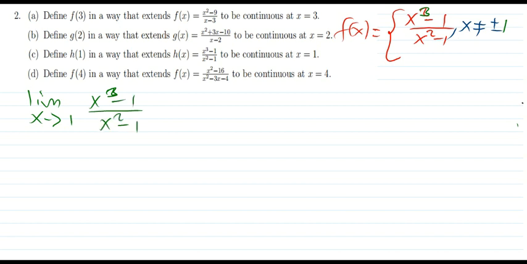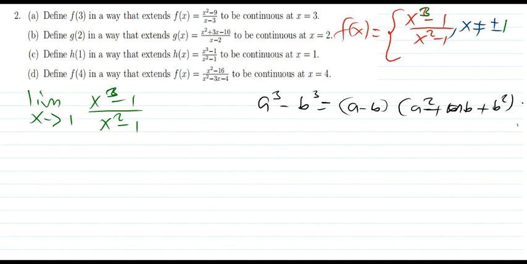Then I have this. Okay. Now what we have to know is that if you have a to the power 3 minus b to the power 3, you can use this simple formula: a minus b, then a squared plus ab plus b squared. Then the difference of two squares is going to be replaced by x minus 1 and x plus 1.